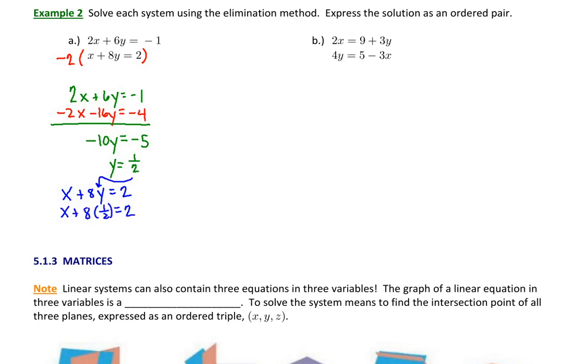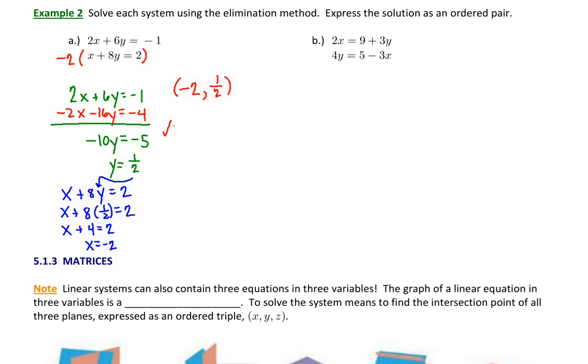Again, that gives me another equation in a single variable. So 8 times 1/2 is 4. I can solve for x by subtracting 4 from both sides, and it looks like our x value is -2. So we're going to put this together in an ordered pair. X has to come first, so -2 is first, and y is second. So it looks like our ordered pair solution is (-2, 1/2).